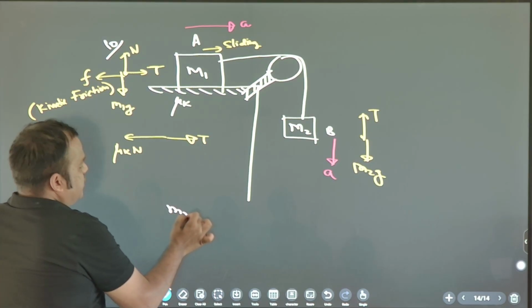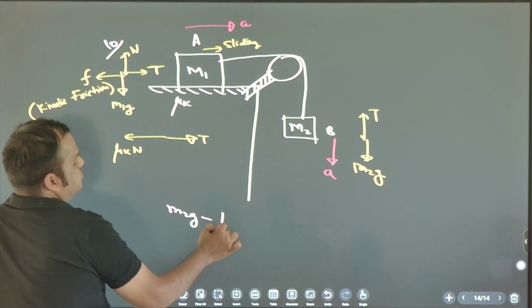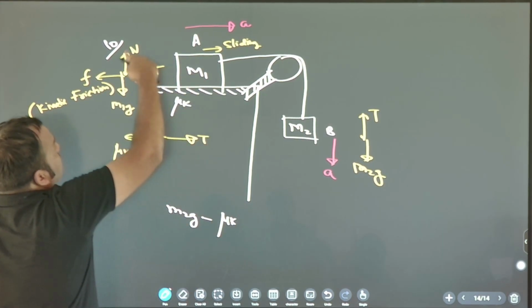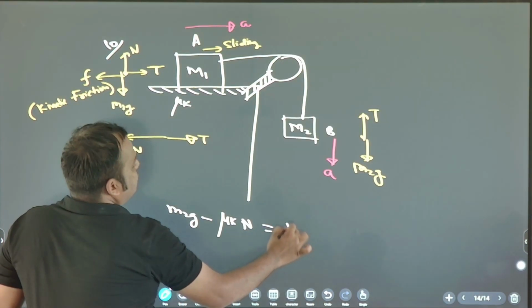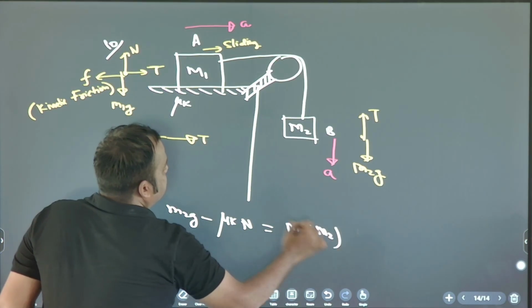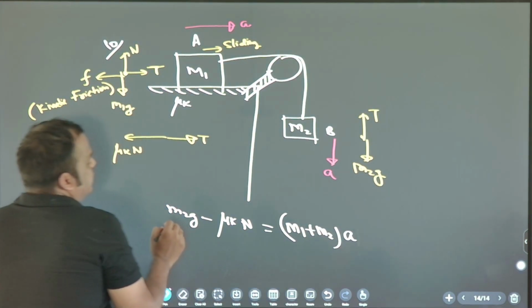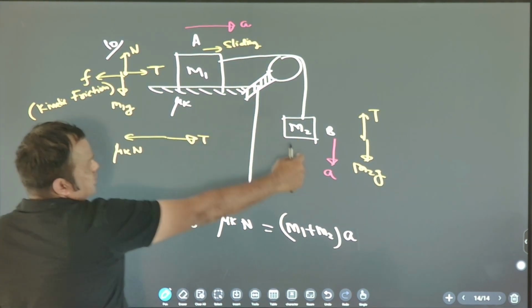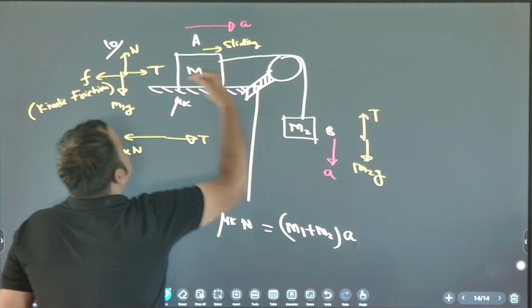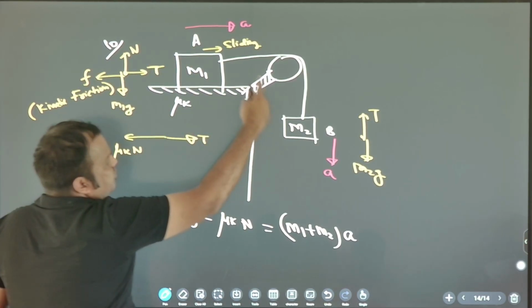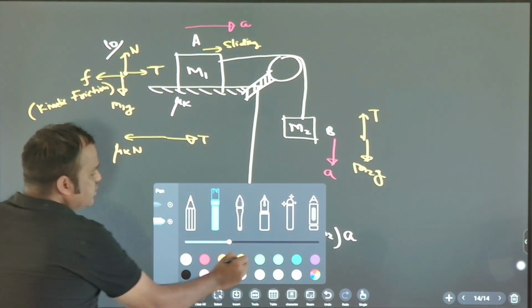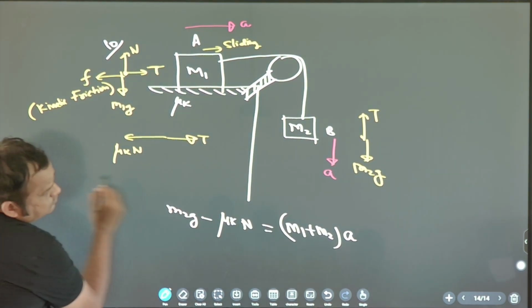Correct. M2g minus mu k N, N value is m1g, is equal to (m1 plus m2) into a. Net pulling force, because m2g is acting here and mu m1g is acting there, so you have to take the difference. If you want to write equations, you can solve like this also.